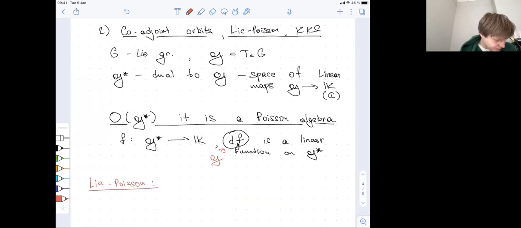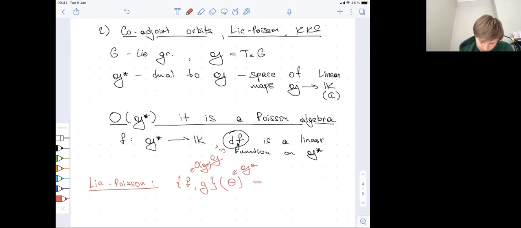is given by the following. You take two functions f and g from O of G star, and since it's a Poisson algebra, I take two functions and I obtain another function on G star, and I want to evaluate this function at some element of G star, which I call theta.